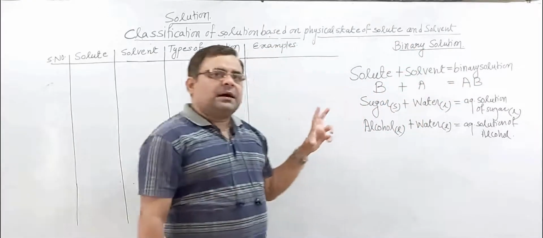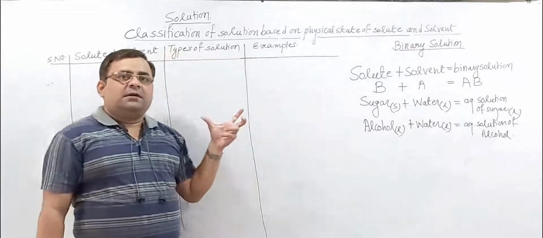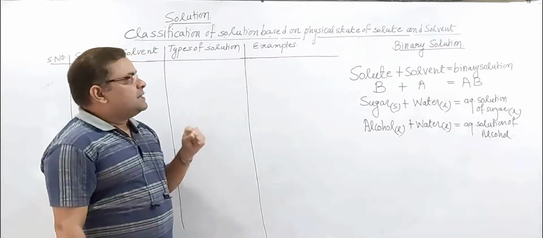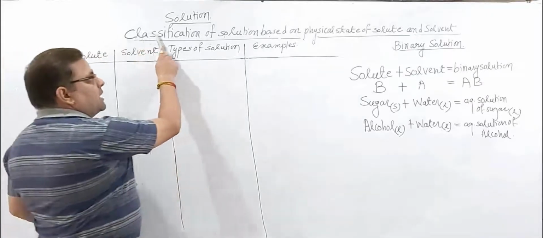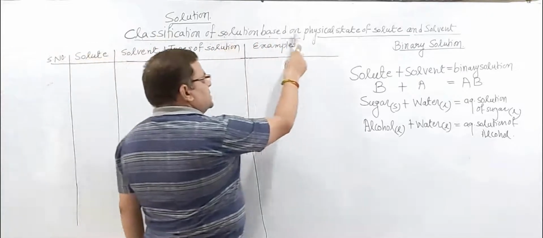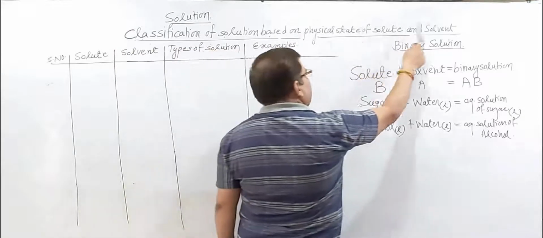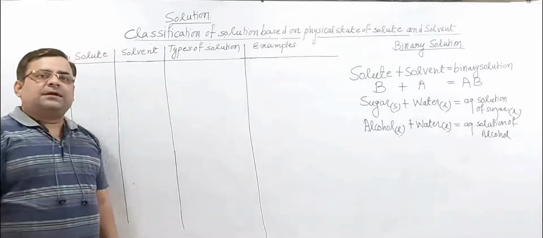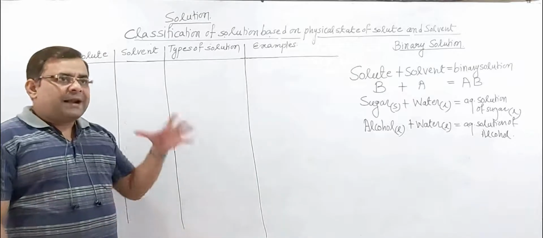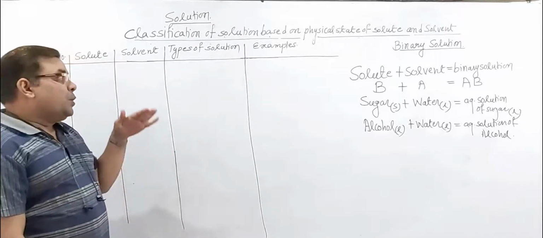In the 12th class NCERT syllabus, you are given some important types of binary solutions. In the next topic, I will explain the classification of solutions based on the physical state of solute and solvent. If we consider the physical state of solute and solvent, then a binary solution can be classified into 9 categories.